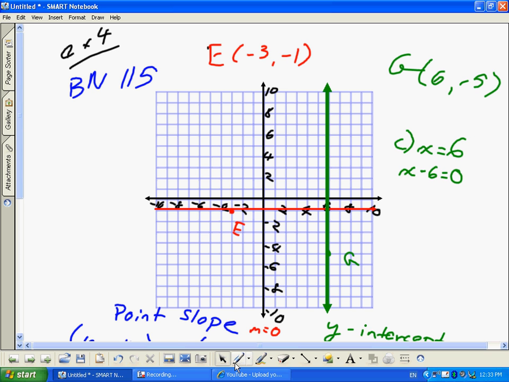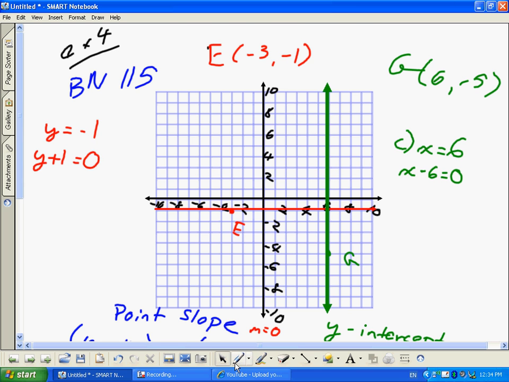So anytime we have vertical lines, x equals whatever number that is on the x-axis. Anytime we have horizontal lines, y equals whatever number that is on the y-axis. So we could have used the same logic for our E. Remember, our E is on negative 1. So if we have a horizontal line, y equals negative 1, I put it in standard form, y plus 1 equals 0.